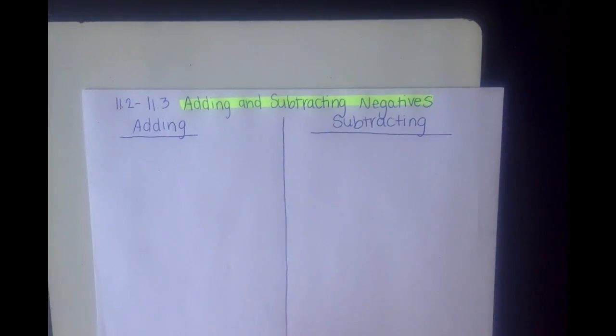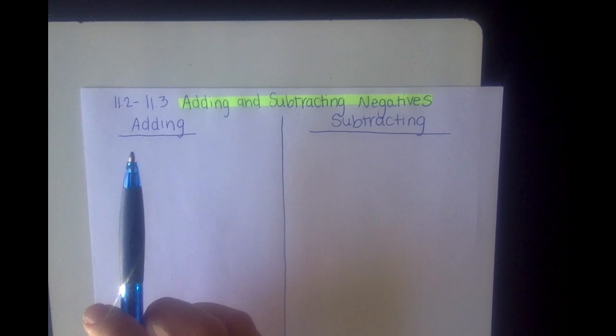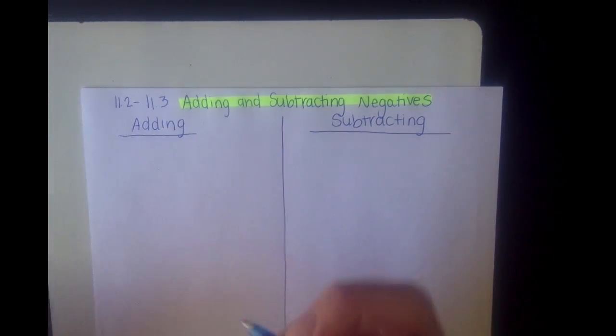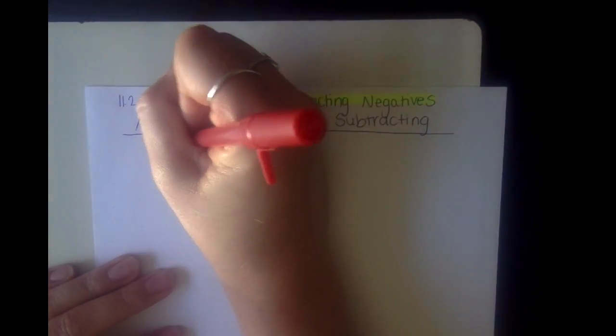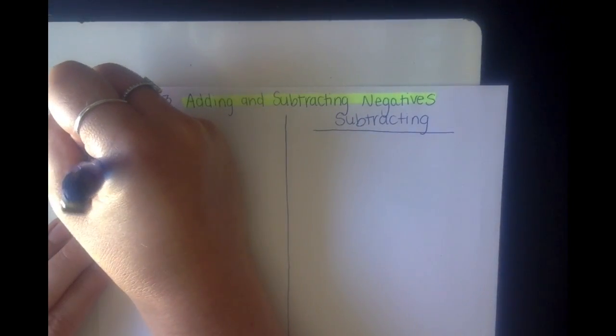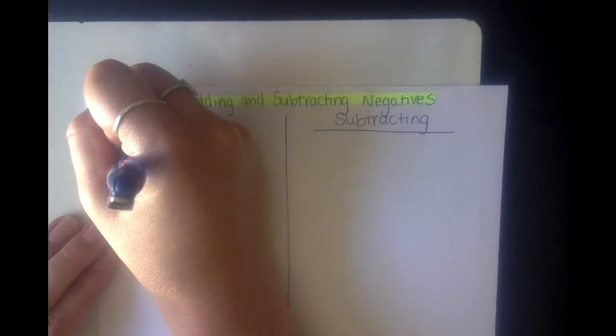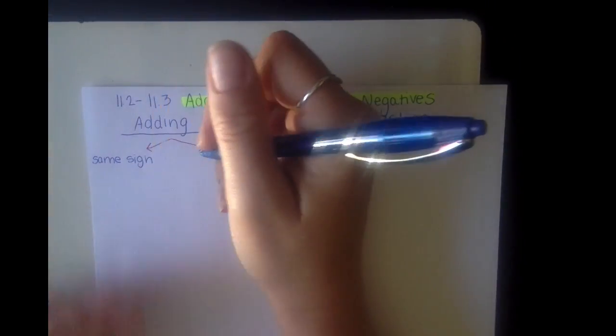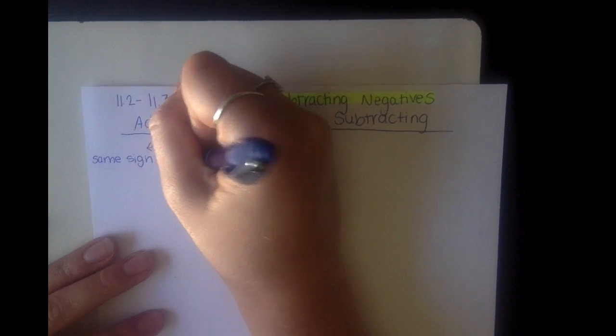And so the first thing that we learned was adding with integers. Technically, when you're adding, it splits into two different ways. There are examples where you add numbers with the same sign, and then for the most part, we're working on when you have a different sign.